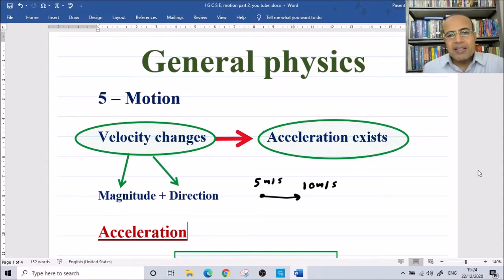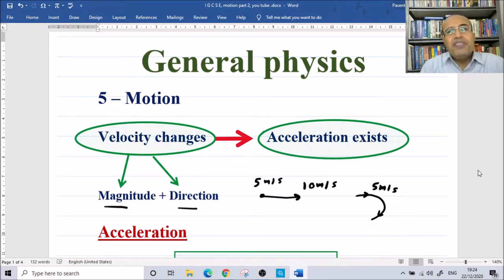If the object has 5 meters per second but the direction changes, acceleration also exists. So acceleration exists if there is a change in magnitude, a change in direction, or both. If the velocity changes, in magnitude or direction, acceleration exists.